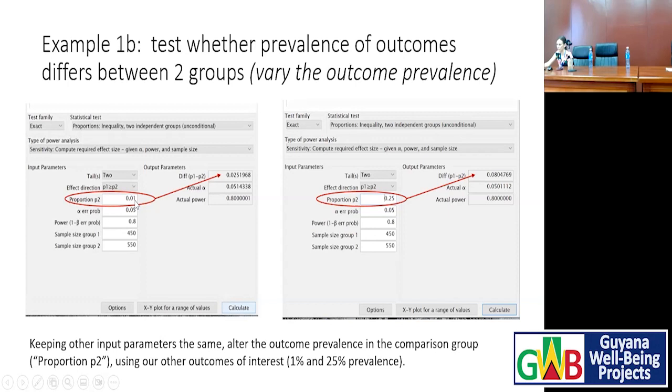If we enter 0.01 for 1% there, we'll see here this is the risk difference that we were just looking at, where in our first example, which was about 6%, we see that for 1%, a much more rare outcome, we're down to 2.5%. And for a more common outcome, we have about 8% there.